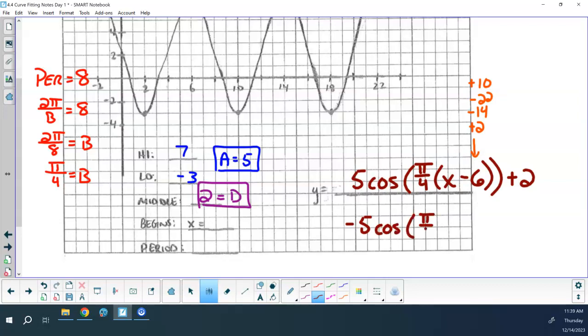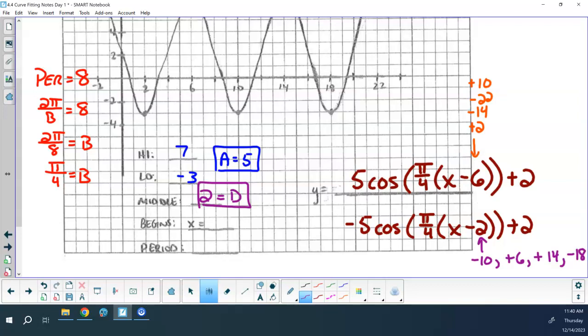Pi over 4 is still your B value, but now your starts would be at -2 or -10 or +6 or +14 or -18. Okay. And all of those give you the exact same grade.